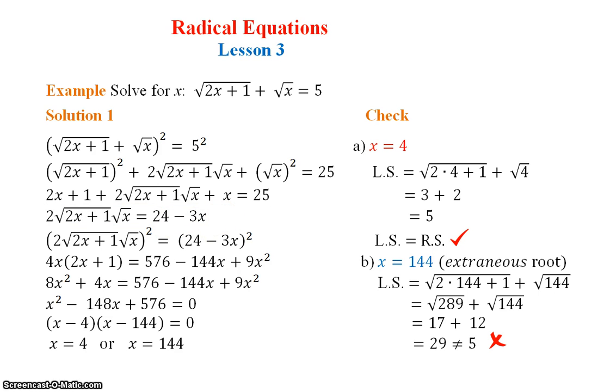Both these equations, when squared, give the same result. Therefore, when we square equations, we can get so-called extraneous roots. And one of the ways to get rid of them is to check the roots.